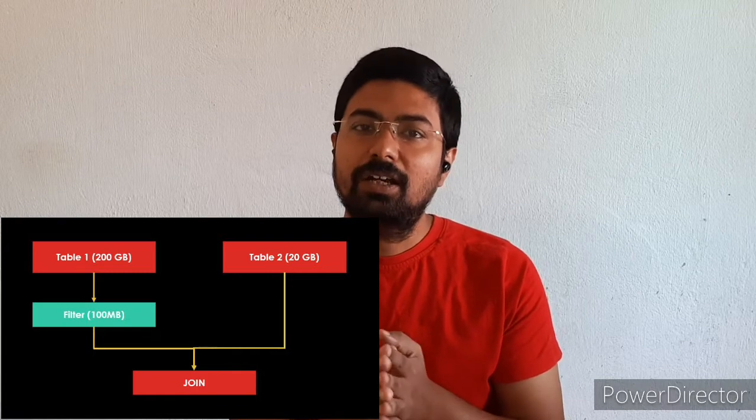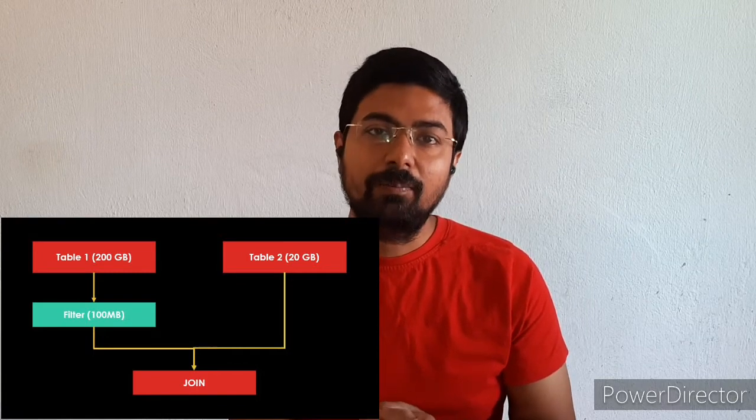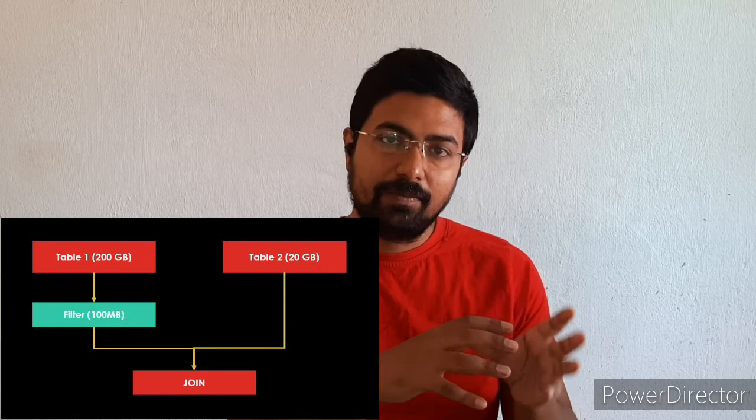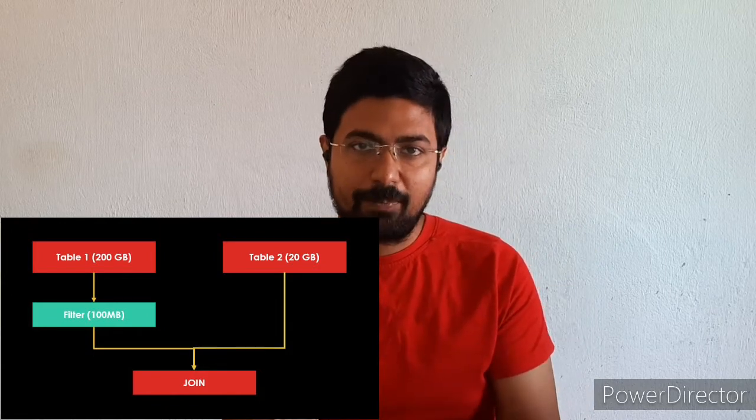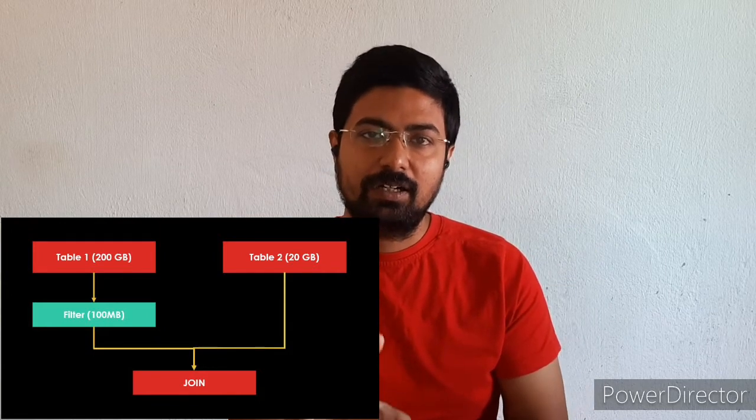But that decision is wrong. If you choose the cost-based approach, you consider the number of records involved in the join just before the join, not the table size. In that case, the 100 MB is less than the 20 GB of table T2.